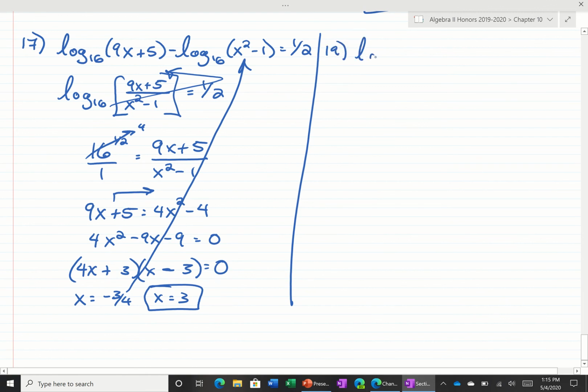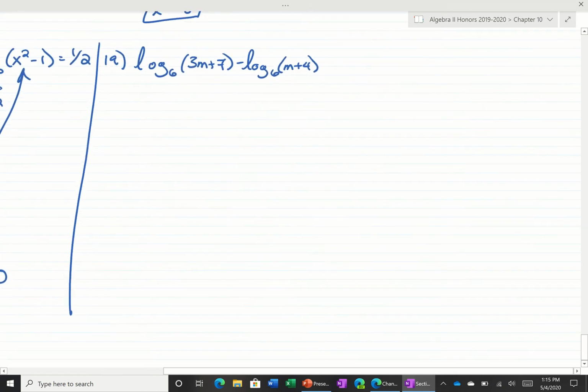Number 19, it says we have log base 6 of (3m + 7) minus log base 6 of (m + 4) is equal to 2 times log base 6 of 6 minus 3 times log base 6 of 3. So first, let's see what we have here.